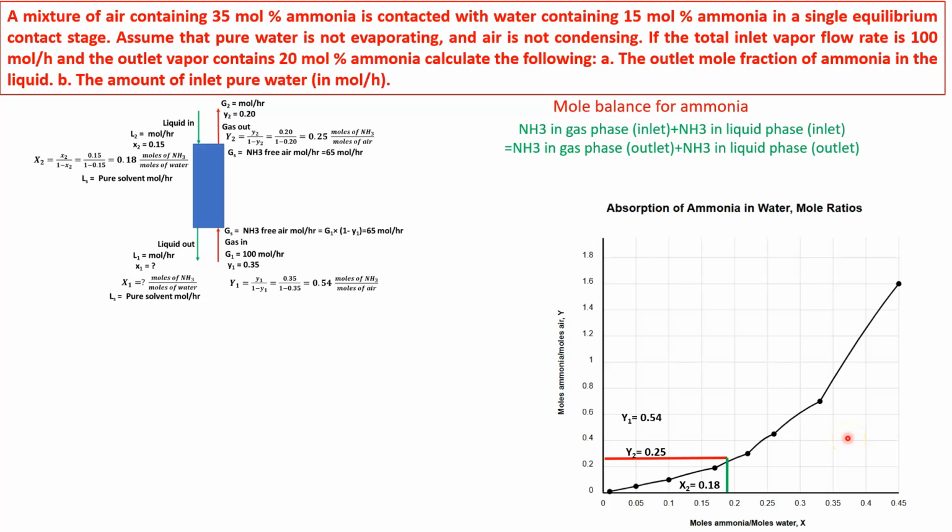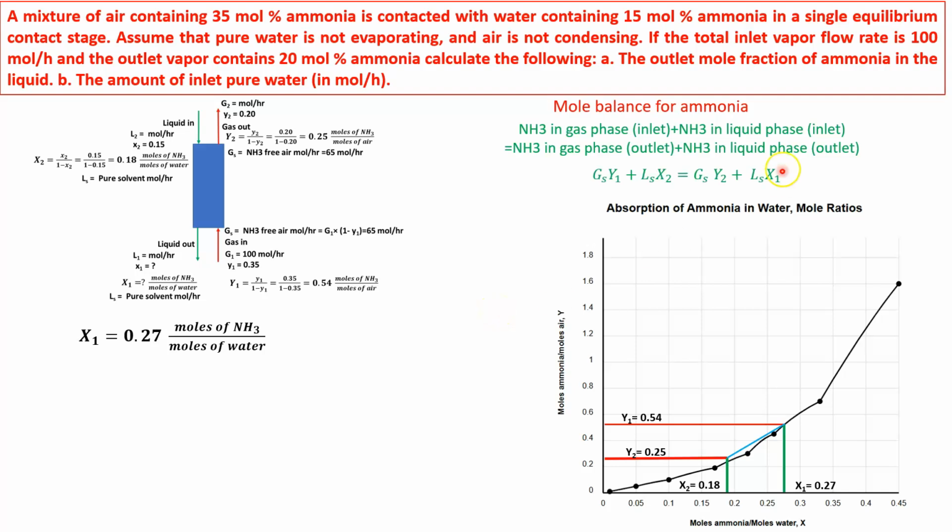Another point, Y1 0.54. That will cut the equilibrium line at this point, and from there I can draw a vertical line. From here we get X1 as 0.27, that is 0.27 moles of ammonia by moles of water.